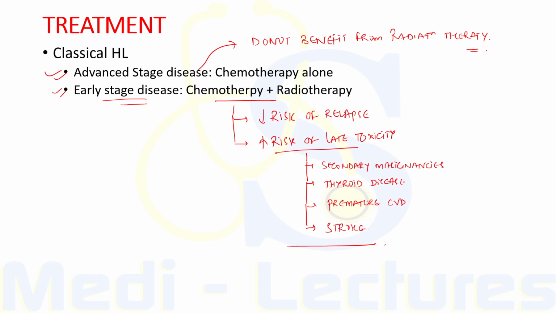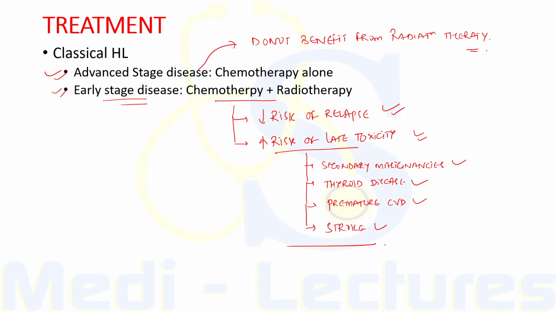Now this combination of chemotherapy along with radiotherapy used in early stage disease is associated with decreased risk of disease relapse. But at the same time, there is increased risk of late toxicity, which includes secondary malignancies, thyroid disease, premature cardiovascular diseases, as well as risk of stroke.